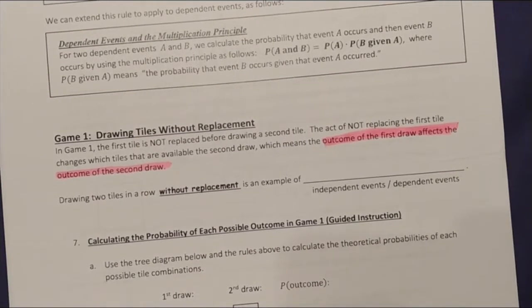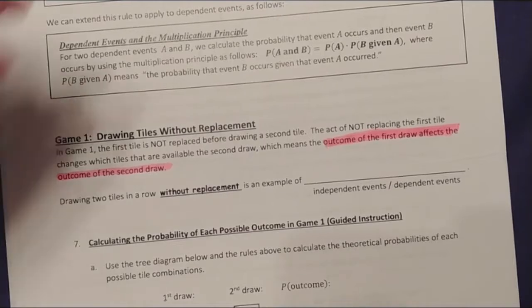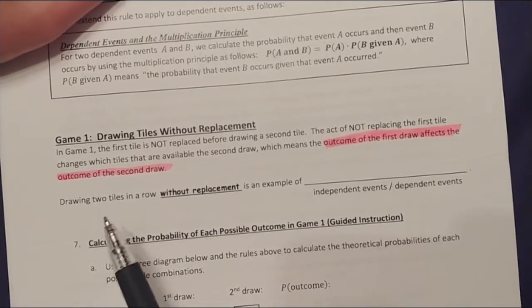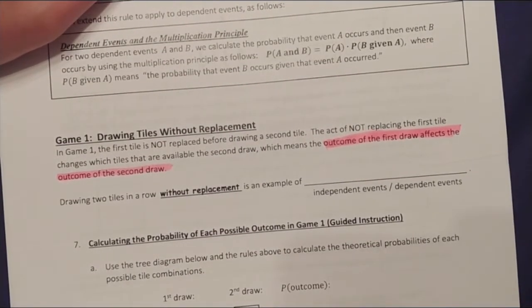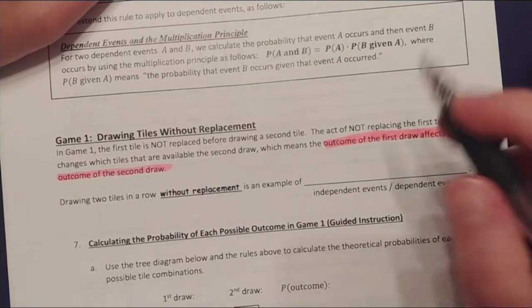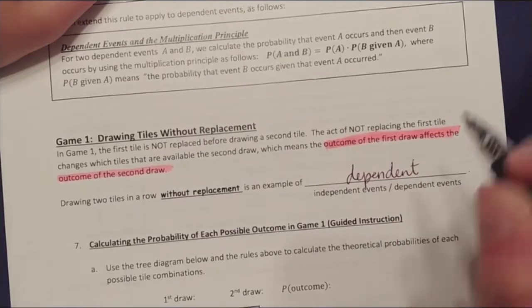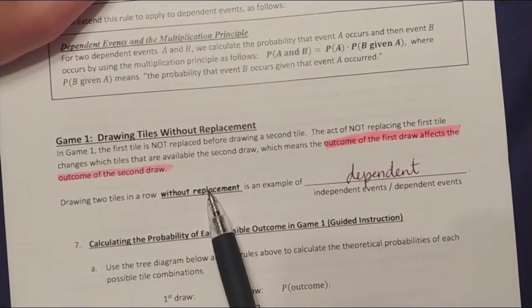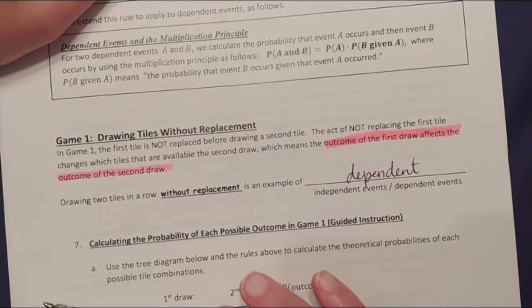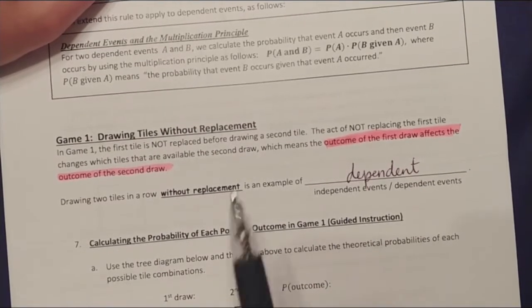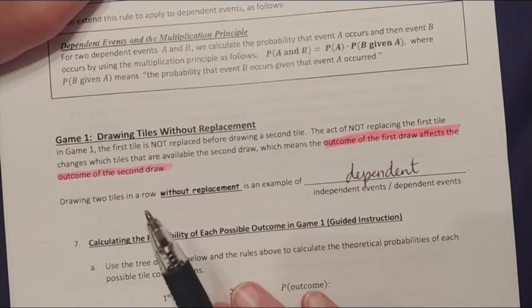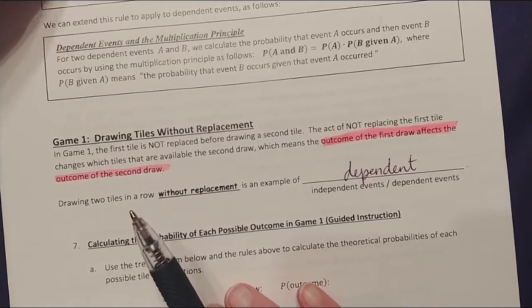Okay, which means that these are dependent events. So drawing two tiles in a row without replacement would be dependent. Okay, so whenever it's without replacement, which means you're not replacing what you got in the first outcome, it's always going to be dependent. If you replace it, then it becomes independent.